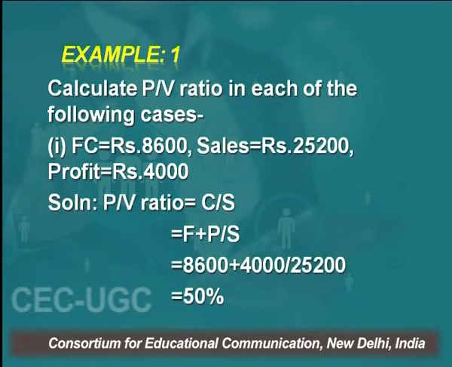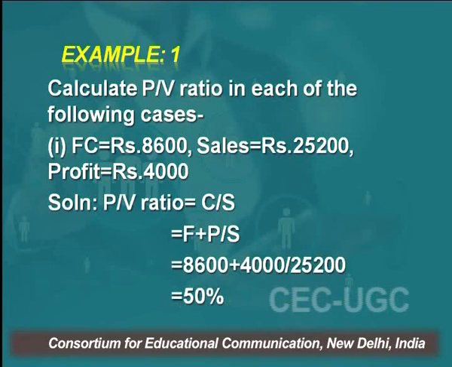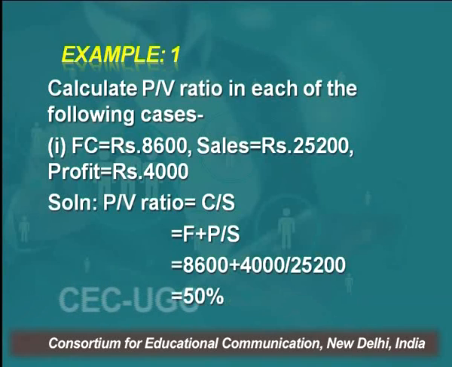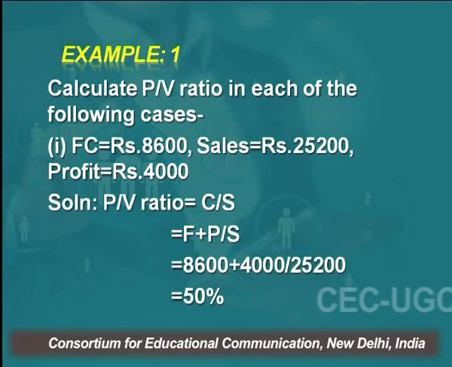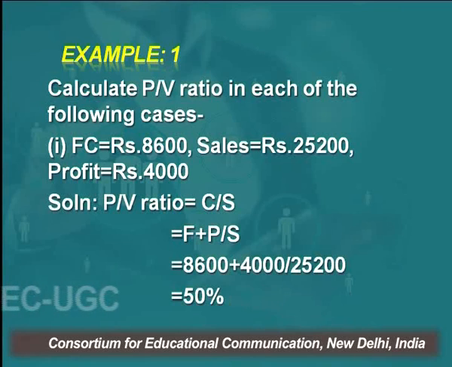So if you add profit to the fixed cost, you get contribution. 8,600 plus 4,000 is your contribution, and sales is given as 25,200. So 8,600 plus 4,000 comes to 12,600. 12,600 divided by 25,200 comes to 50%, right? So in this example, the PV ratio is 50%.